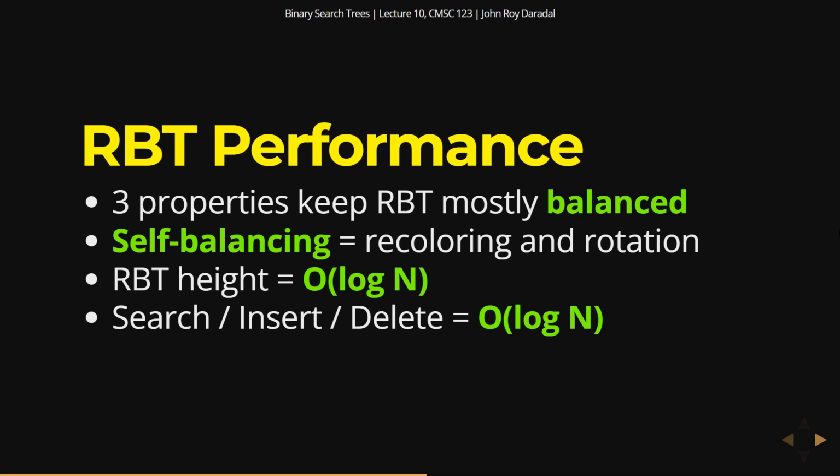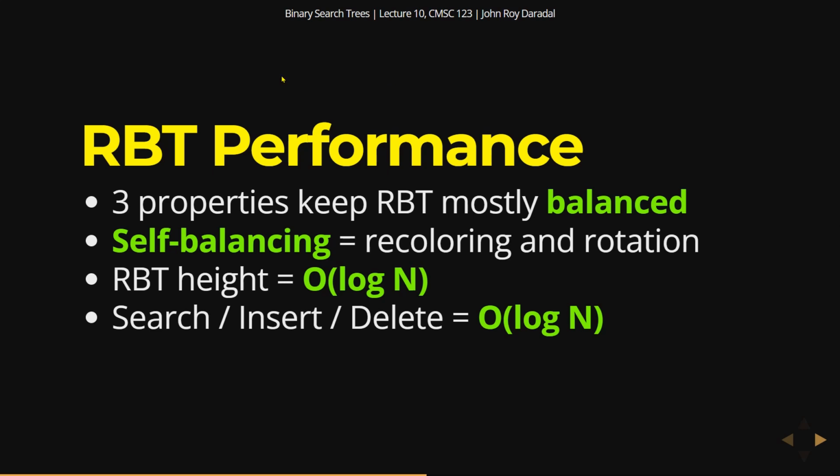It's more or less the same with most balanced search trees, right? If you keep the height O(log n), then the 3 operations, search, insert, and delete, will also run in O(log n) because they're using the basic search, insert, delete for BST as the basis of their operation, and then they just do additional operations on top of that, but those just take constant time or also O(log n) time.